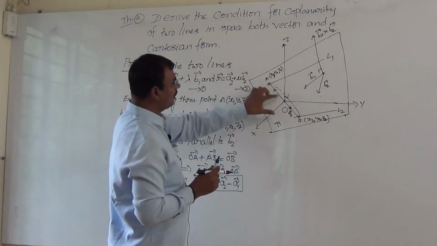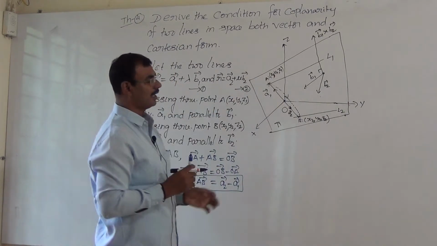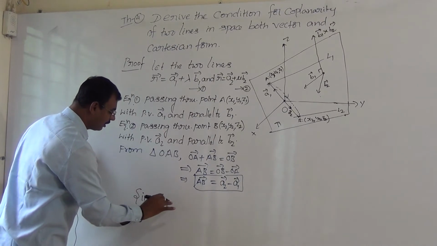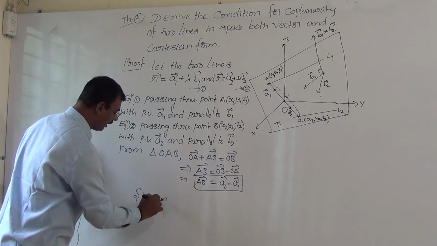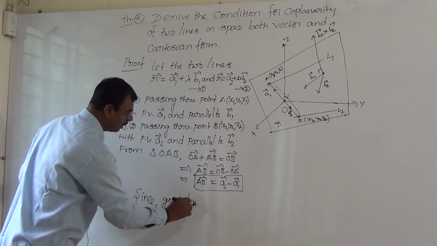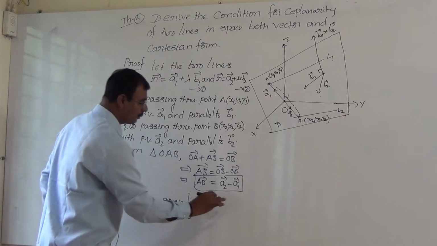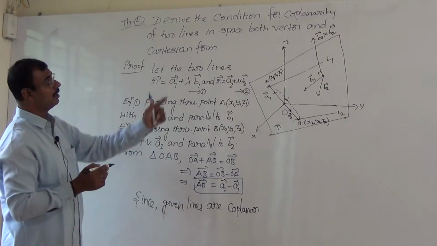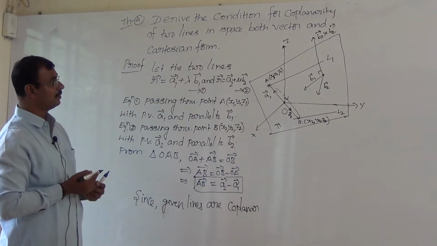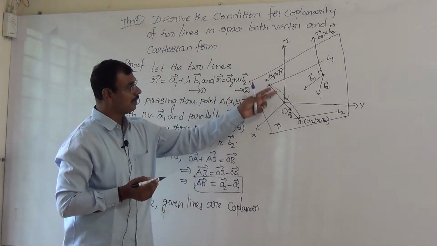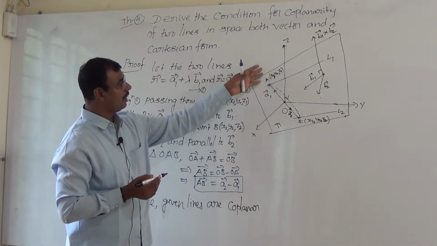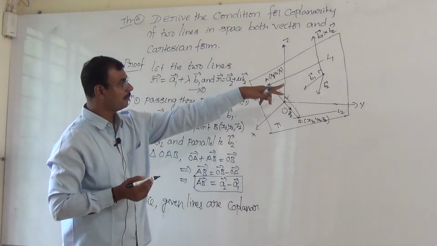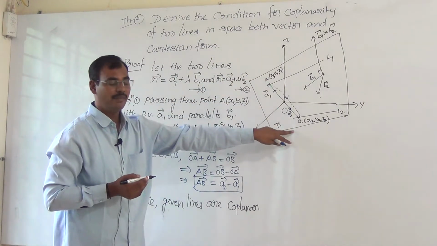Why? Because the two lines L1 and L2 are coplanar. Since the given lines are coplanar, it means vector B1 cross B2 is perpendicular to AB. Why? Because AB lies along the plane, and B1 cross B2 is perpendicular to the plane, so it is perpendicular to the AB vector.